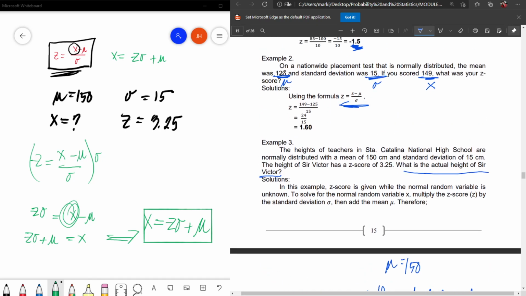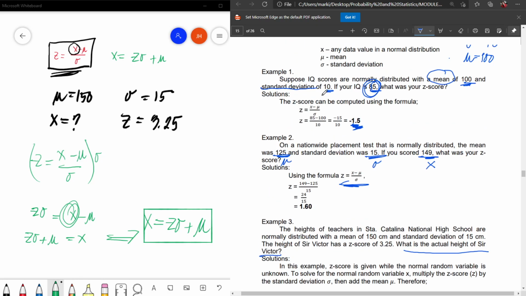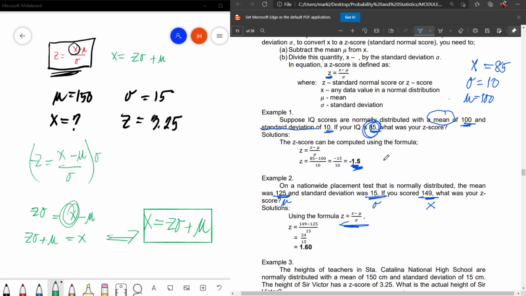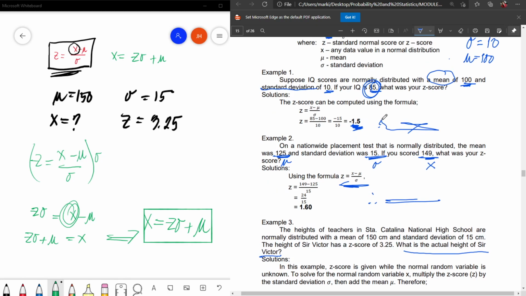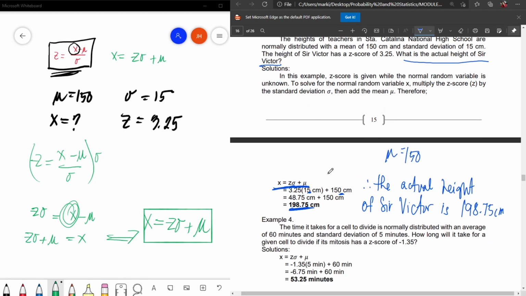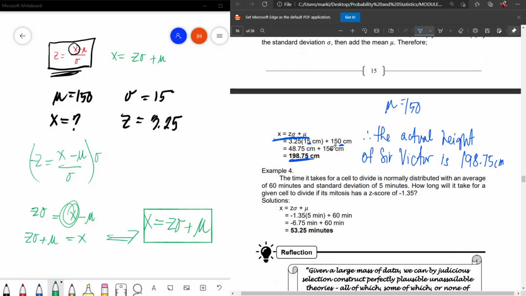The same thing as in example number 2 and example number 1. Please do not forget the therefore. I'm going to check that in your paper. If you're answering problem solving, you need to put the therefore, like this one: the actual height of Sir Victor. You need to answer the question.